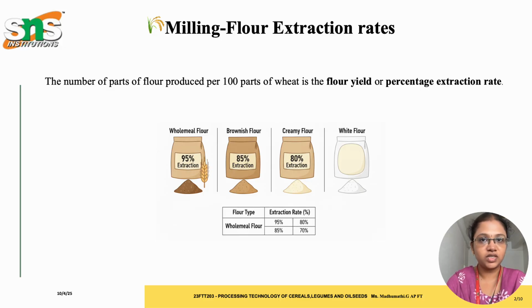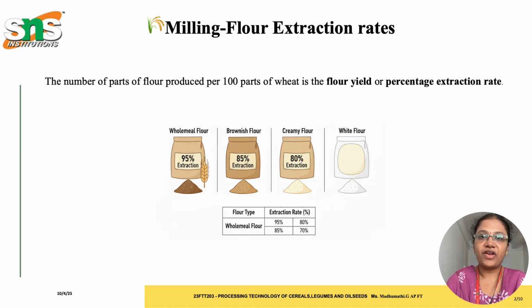So from the 100 parts of wheat, how many parts of flour are produced, that actually denotes the flour extraction rates after milling the wheat. Okay, so in this picture we can differentiate the percentage of extraction rates.